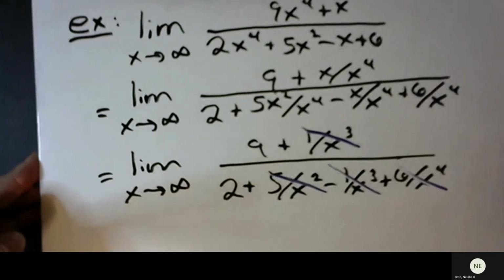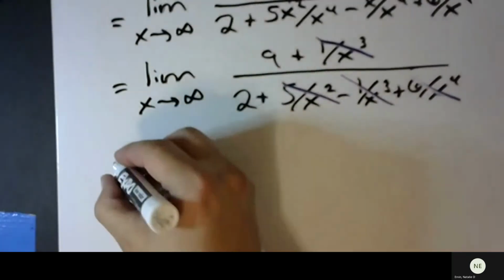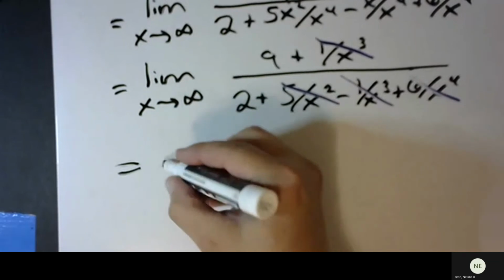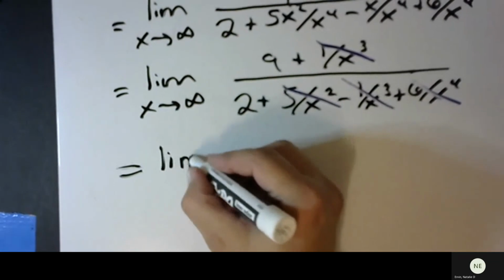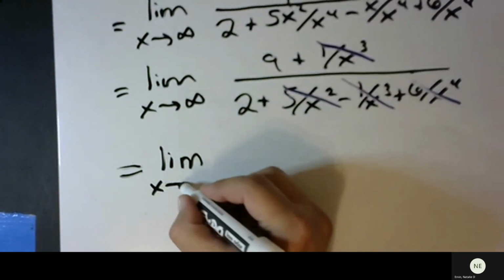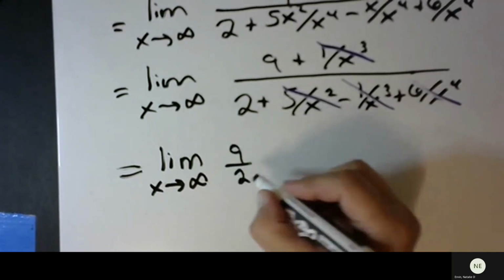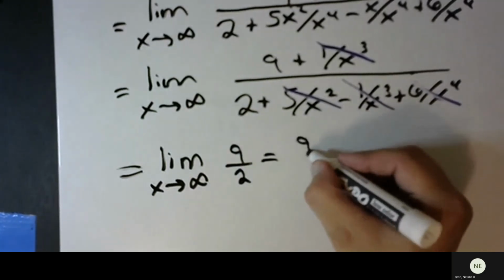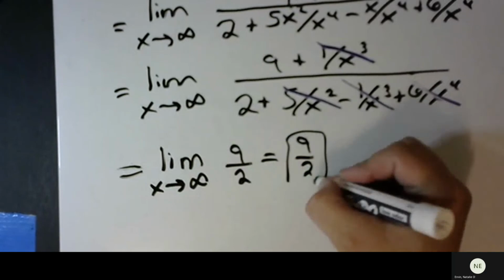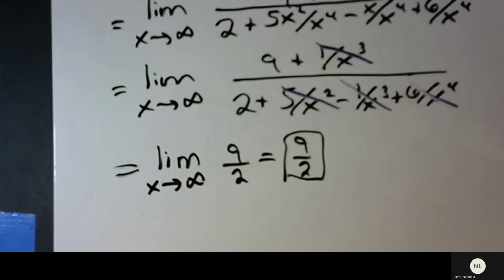And so what you'll be left with is the limit as x goes to infinity of 2 over 9, which is just 2 over 9. And that's going to be your answer. Questions about that?